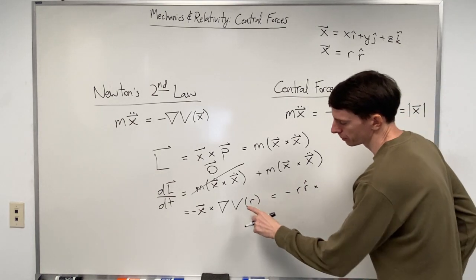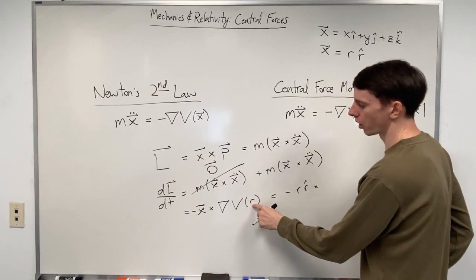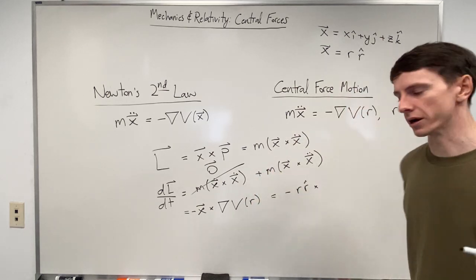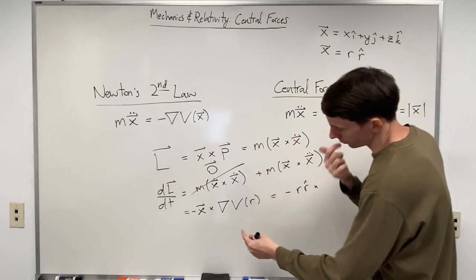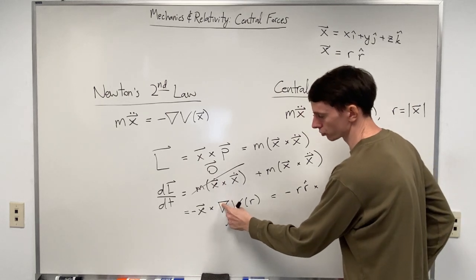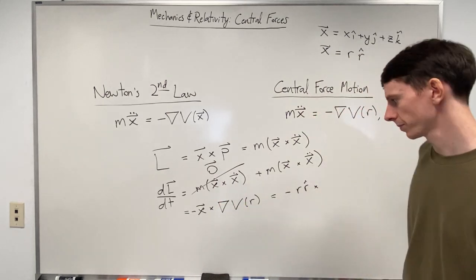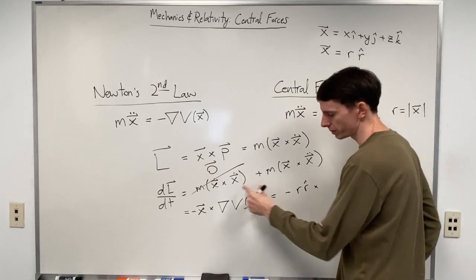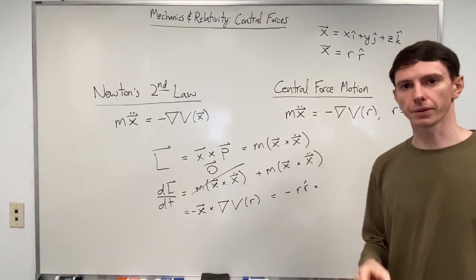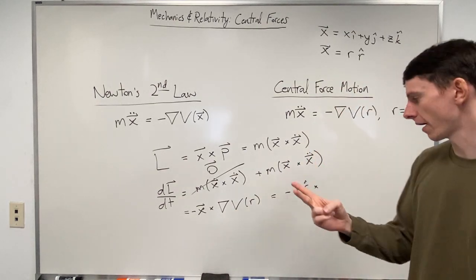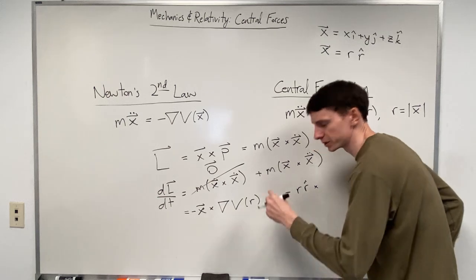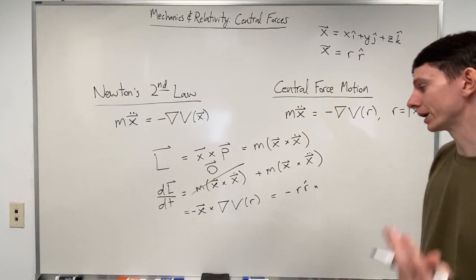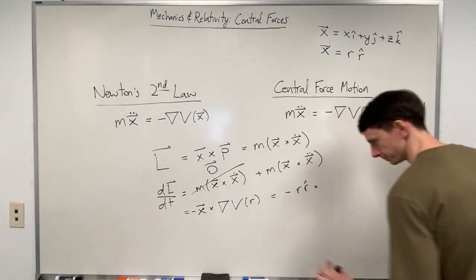Now, if our potential function only depends on r, the radial coordinate, well, that first means that we should probably compute the gradient in spherical coordinates. But if our input function only depends on r, meaning it doesn't depend on the angular coordinates theta and phi, the gradient of this potential just becomes the radial derivative of this function.